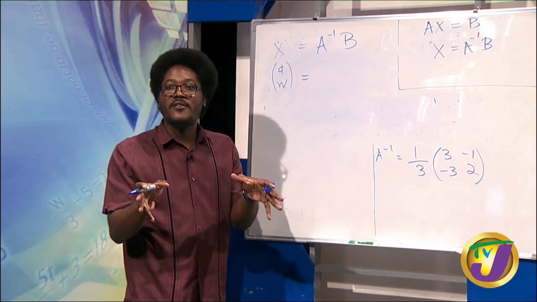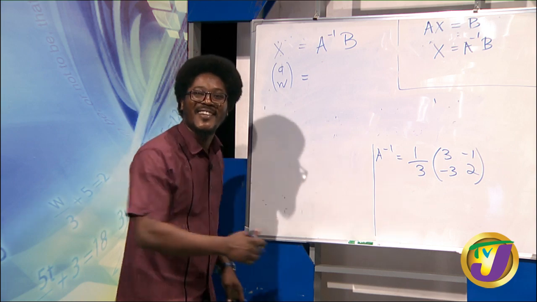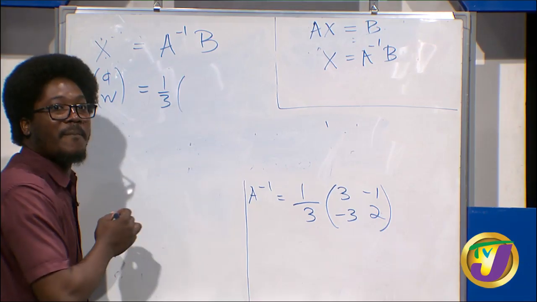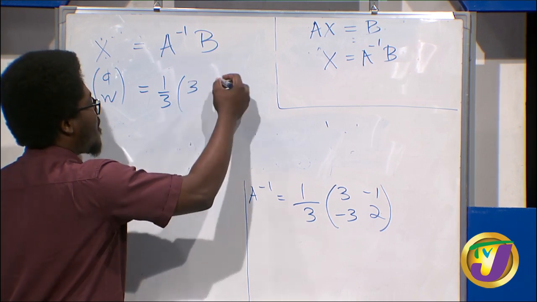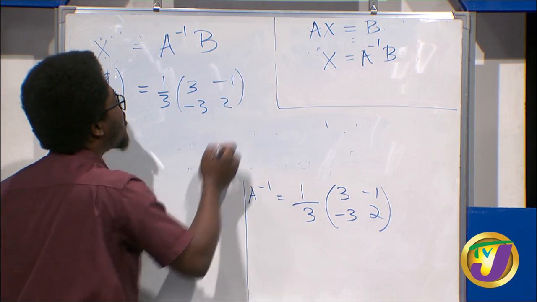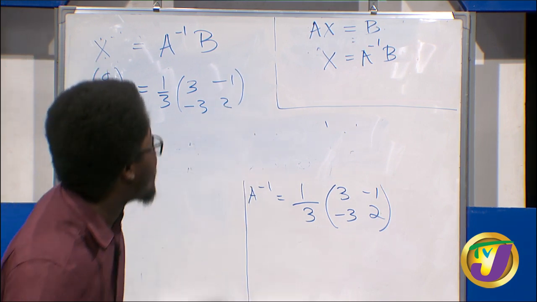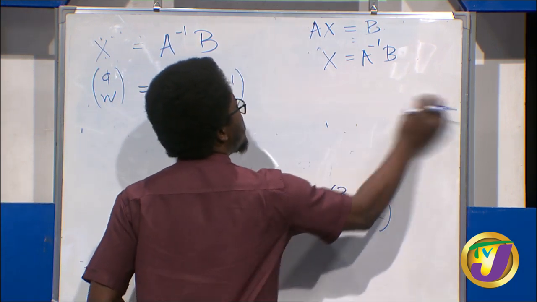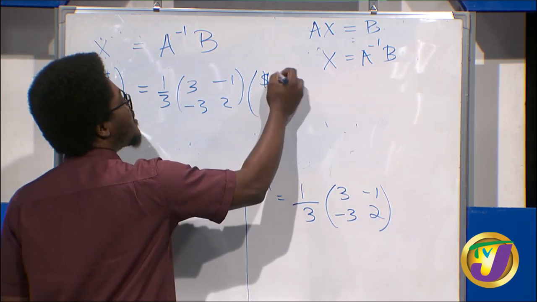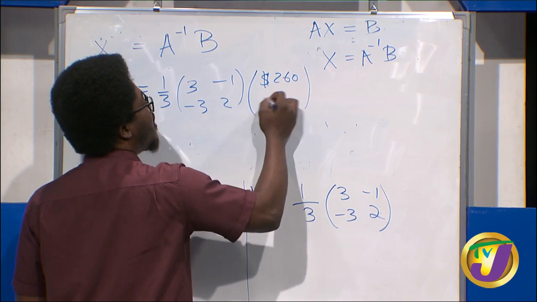Anybody remember what our inverse is? Oh, it's right there. So our inverse is 1/3 of 3, -1, -3, 2. And we're now going to multiply that by B. And remember, B is our solution matrix. And for B, we had $260 and $480.